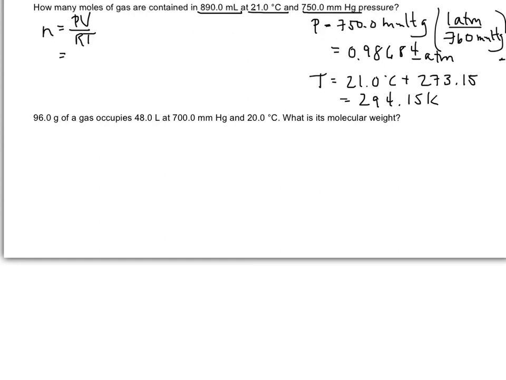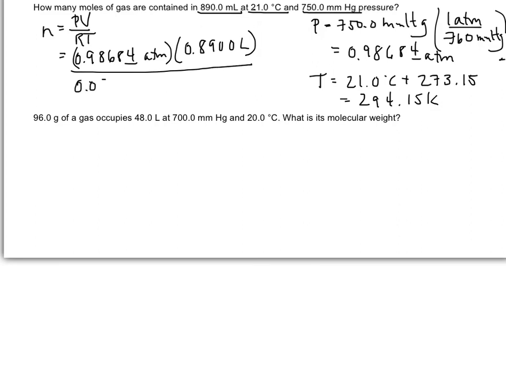Our pressure is 0.98684 atmospheres. Our volume is 890 milliliters. I'm going to convert that on the fly to 0.8900 liters. Our ideal gas law constant is 0.0821 liter atmospheres per mole Kelvin.